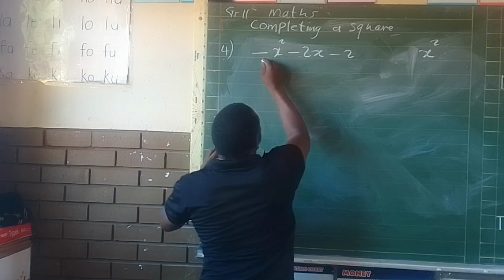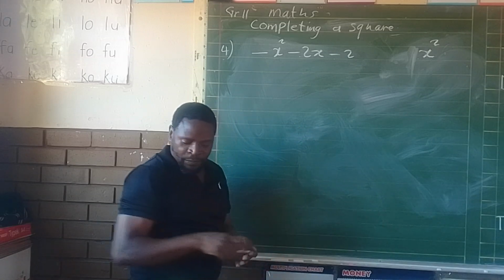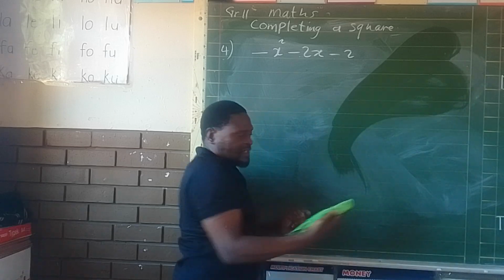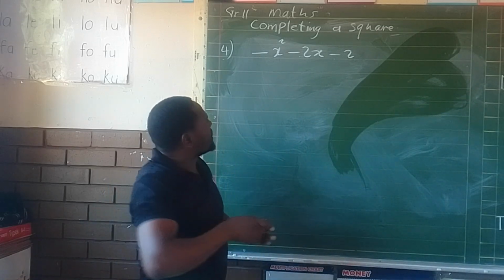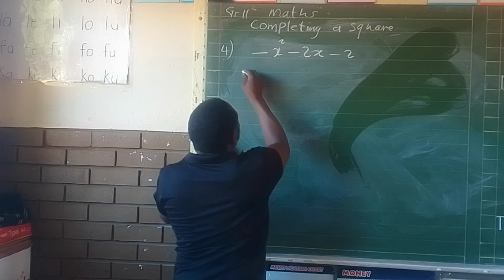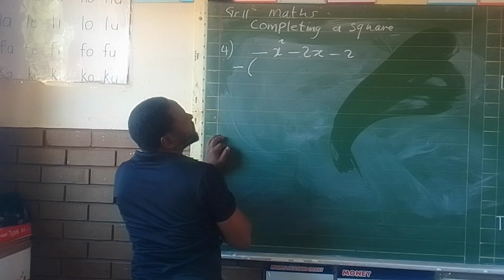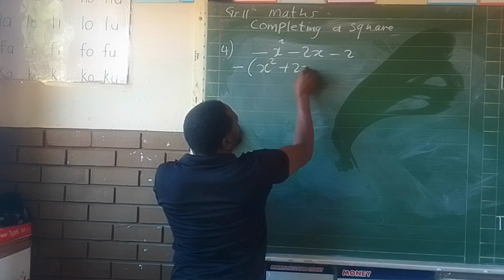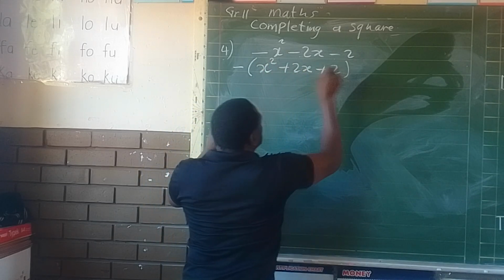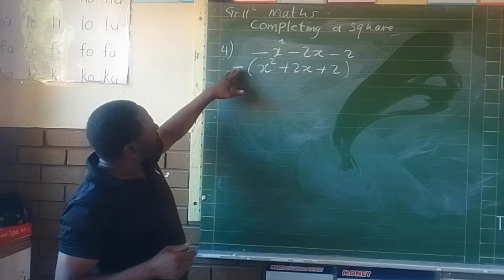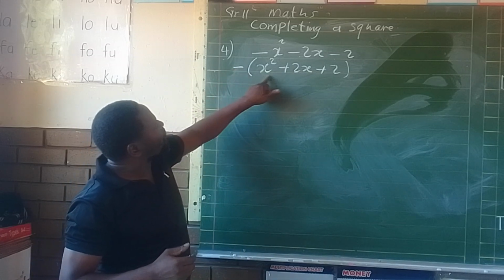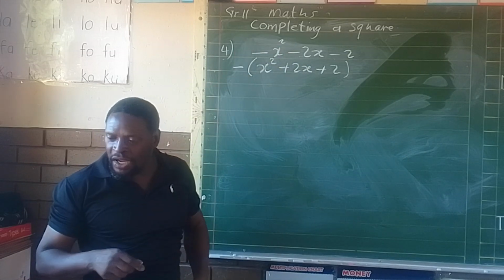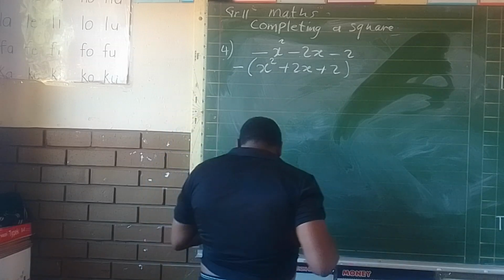We divide by negative. Rather, let us not divide, because when we divide, we are taking it out. Let's put the negative aside. Putting the negative aside, we have x squared plus 2x plus 2. When you take this negative here, you distribute it, it becomes that. We did not change anything. We just took a common factor.